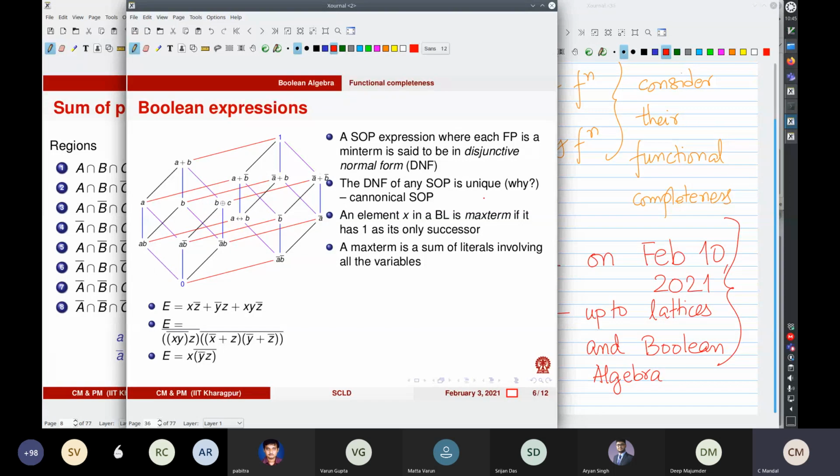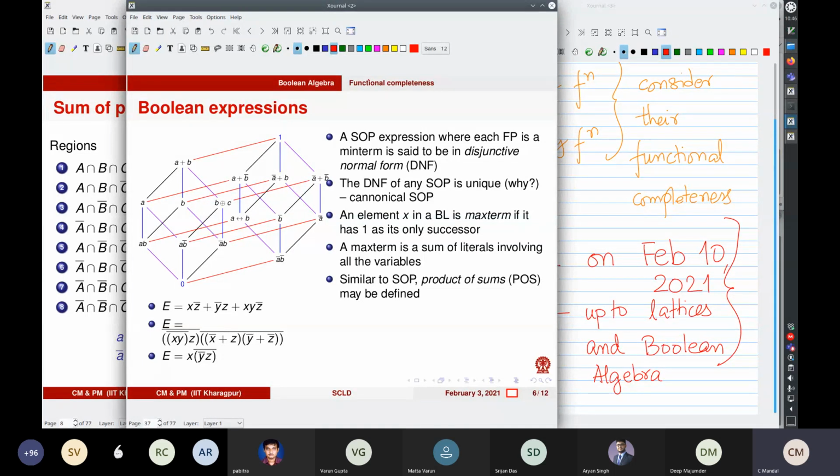Now, similar to a sum of products, which we have already seen, you can also think of a product of sums. If you look at this lattice, this is a very symmetric structure.